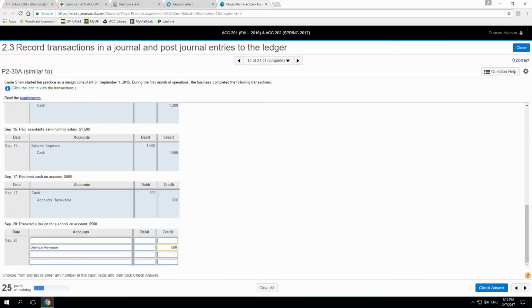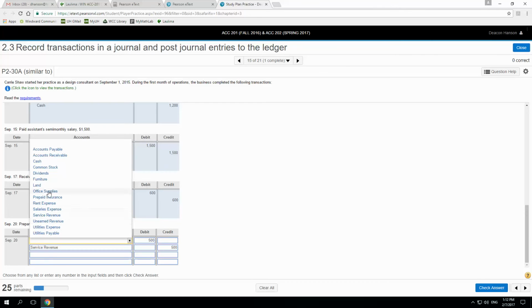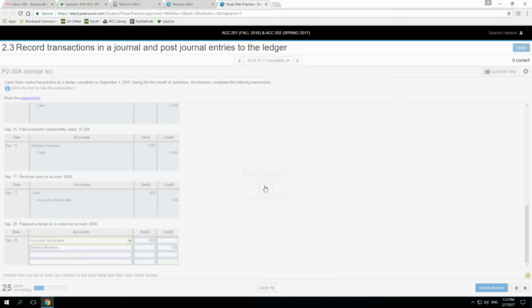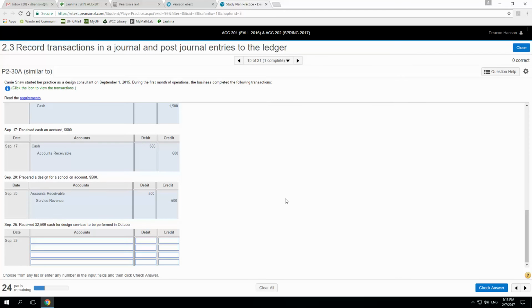It's just that they haven't collected it because that descriptive phrase, on account, means that the customer didn't pay us yet. So we're going to have another accounts receivable from that customer, from the school, and we're going to debit accounts receivable to show that increase. Okay? So far, so good.